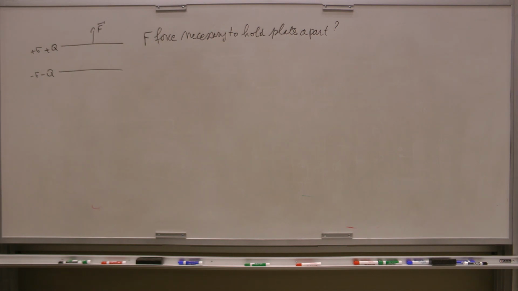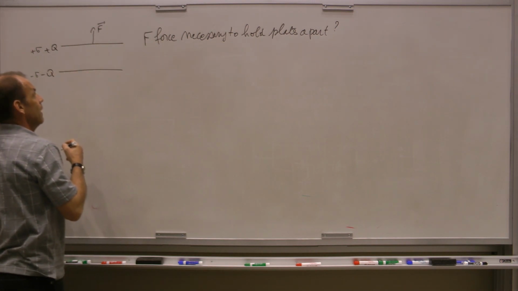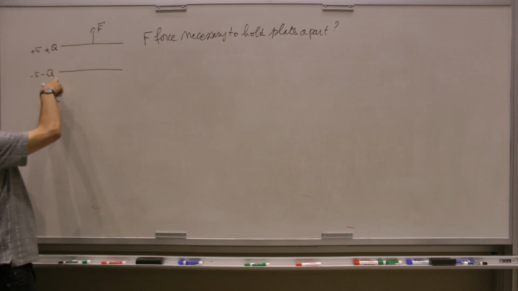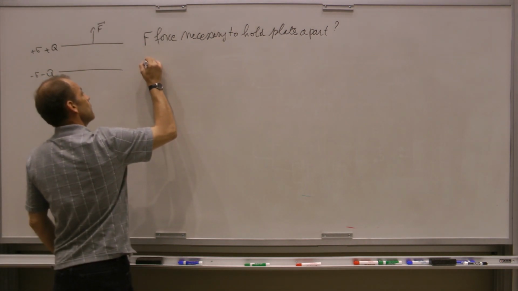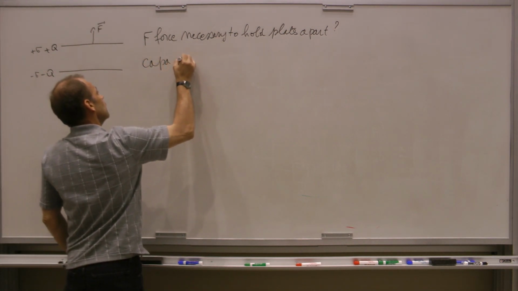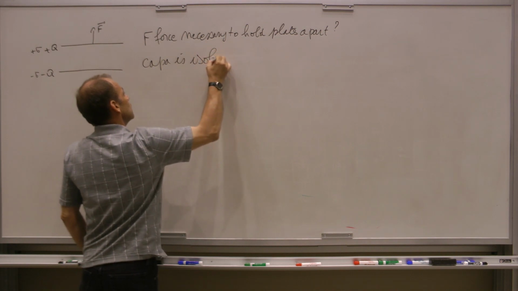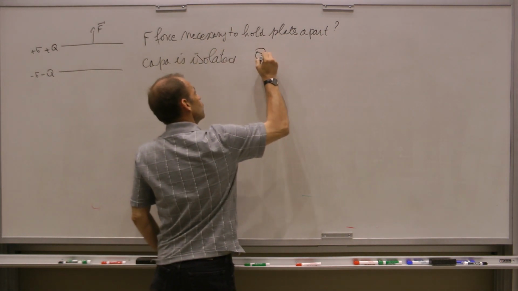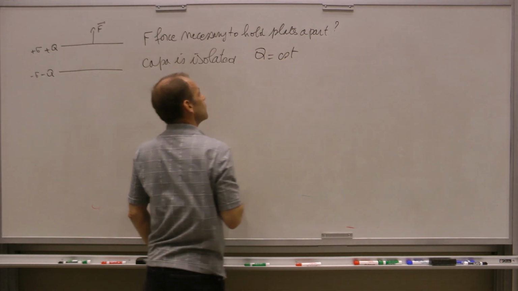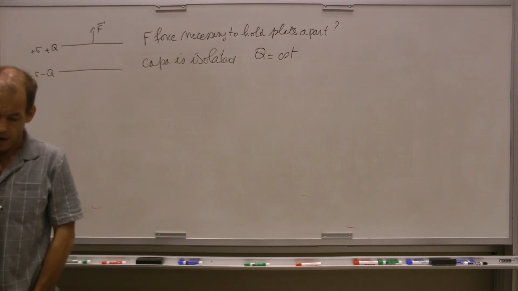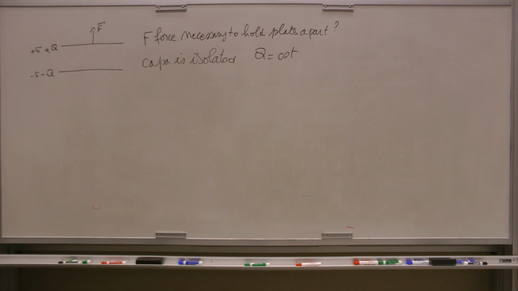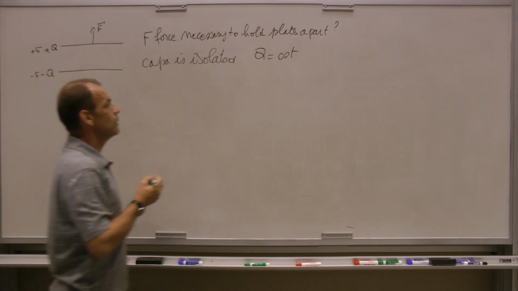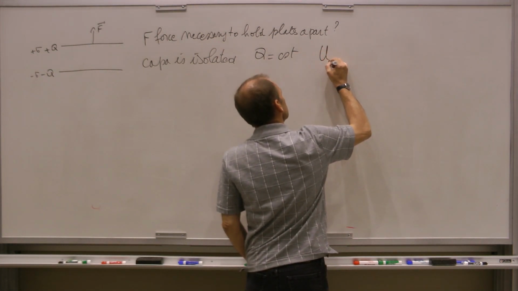Again, we're going to assume that this capacitor has been charged, plus Q minus Q, and we're going to assume that the capacitor is isolated. Isolated means that Q is equal to a constant. The Q does not change anymore, it is held constant. So we know the energy of the capacitor, U electric.